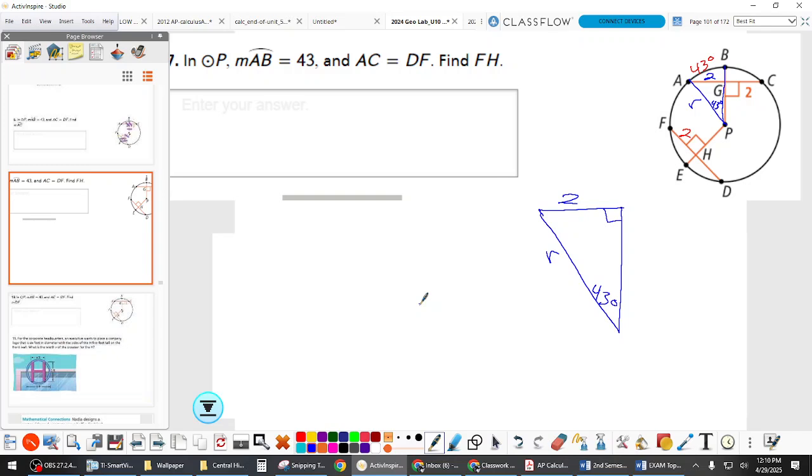Sine. Good. Equals what? 2 over r. Yep, opposite over hypotenuse. Good. Okay, so it's sometimes good to challenge yourself to think through beyond the question, right?